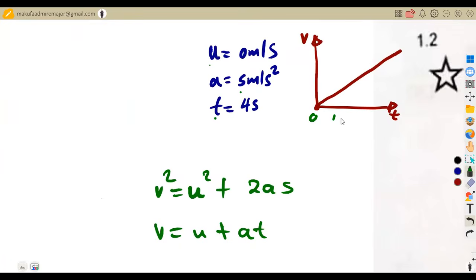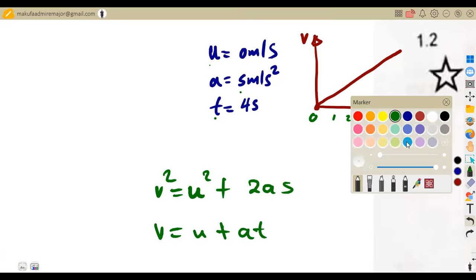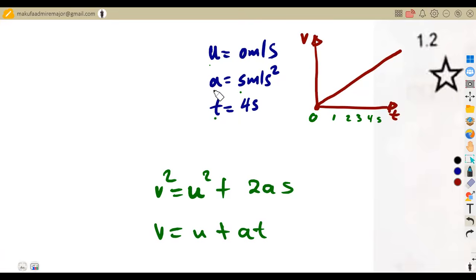We go 1, 2, 3, 4, 5, and so on, corresponding to the velocities that are going to be here. If you take note here, we were given the acceleration of 5 meters per square second. Knowing that we started at 0, it's a constant acceleration. So these times are going to correspond at 4 here.